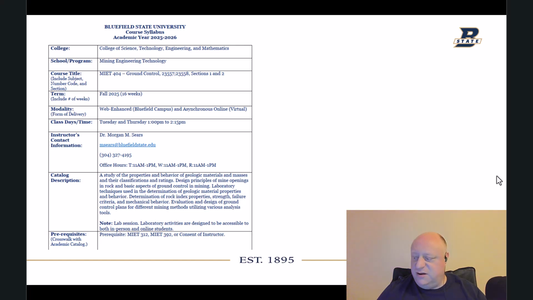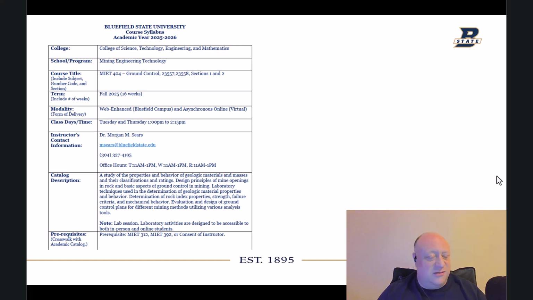Because of this transition in positions, assuming this course continues, it will be asynchronous online only. So the class days and times don't really make sense. My contact information is on the screen. Office hours will be virtual as well. So that's how we're doing this.